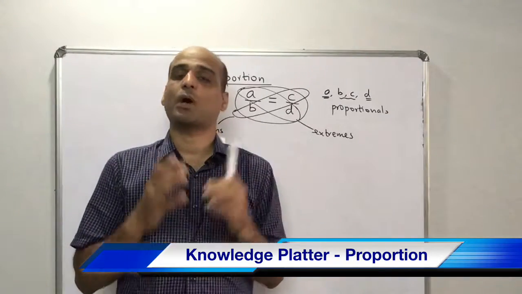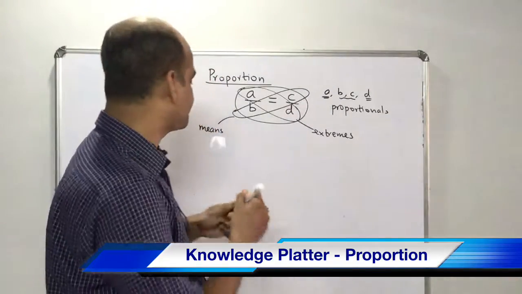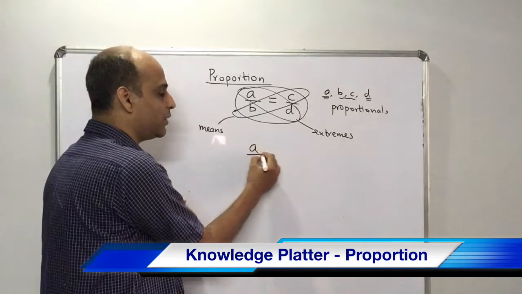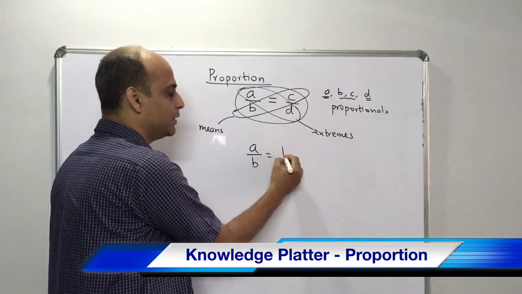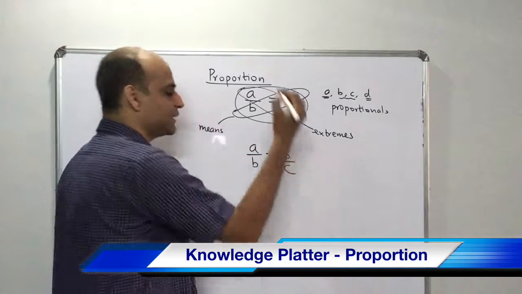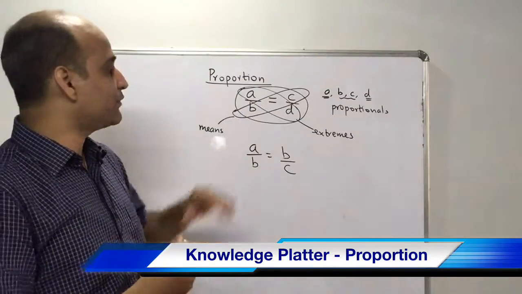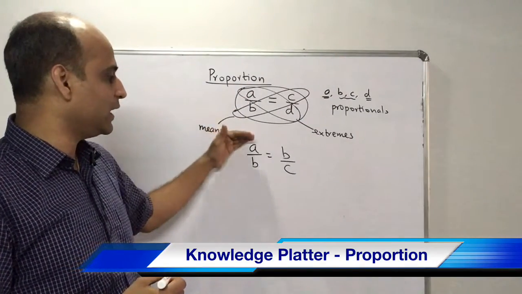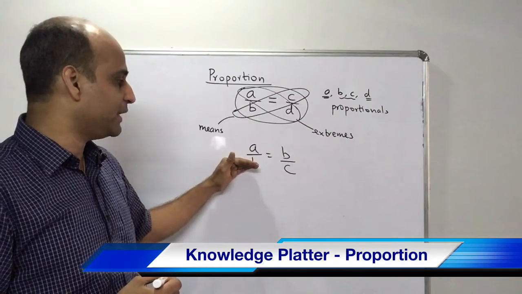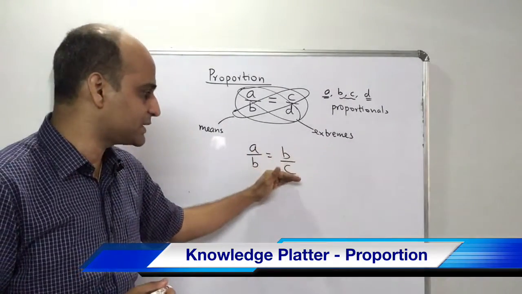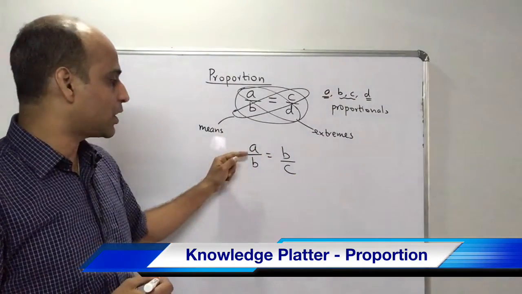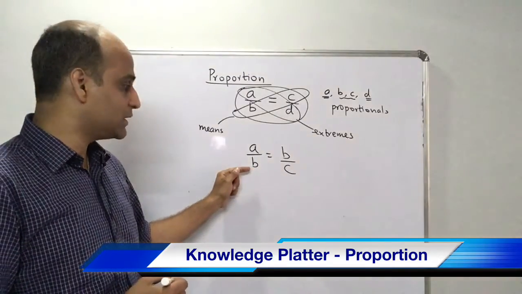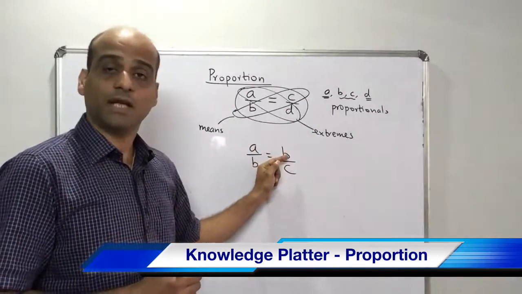Okay, let's go to one more type of proportion. Say A upon B equal to B upon C. Now what is the difference between these two? If you observe A upon B, then again B repeats, so it's B upon C, right? So the consequent of the first is the antecedent of the next.